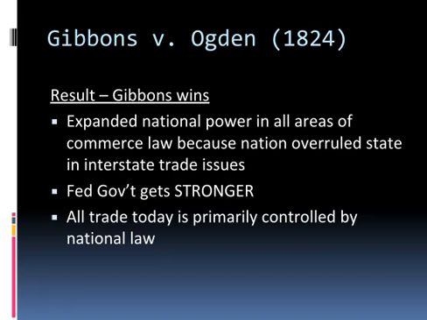This makes the national government stronger, which potentially throws the system of federalism out of balance again, and this also sets the precedent where the national government is primarily in charge of nearly all trade law. Again, there's that important phrase, interstate commerce, meaning it has to cross state lines to regulate it. So we'll look at whether there are any other potential cases or issues that might check the federal government's power down the road.